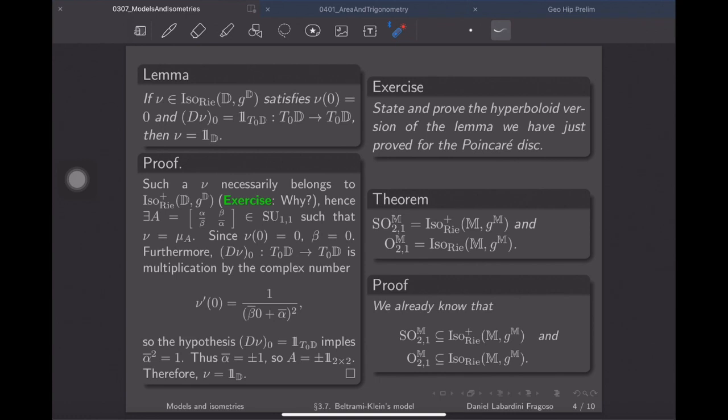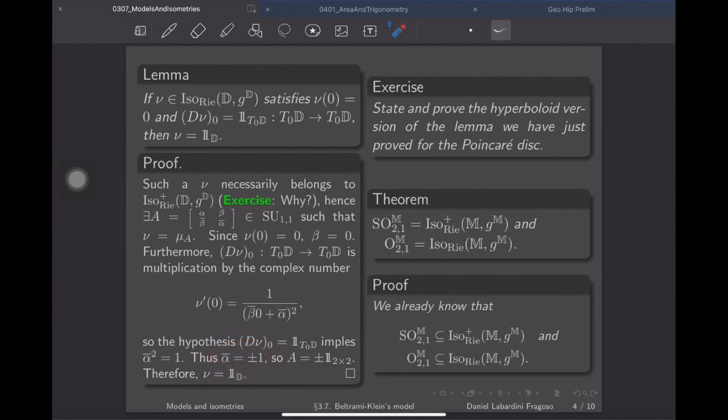Okay, and now the derivative: nu is a Mobius transformation, and we computed the derivative of a Mobius transformation, so it's multiplication by this complex number, which is just 1 divided by the square of alpha conjugate. So, since this is the identity, what I obtain is that this number has to be equal to 1. So alpha conjugate has to be plus or minus 1.